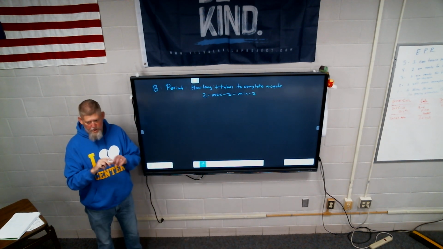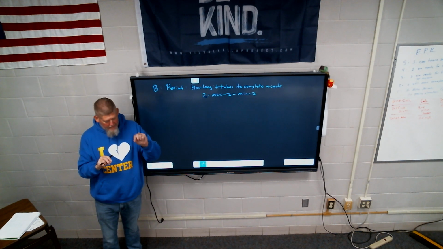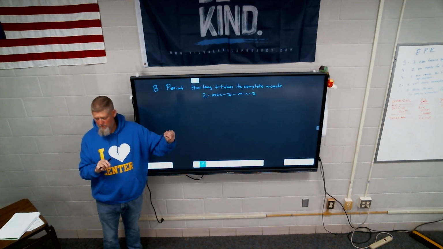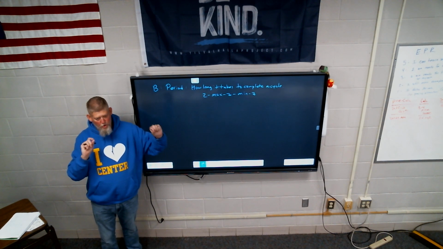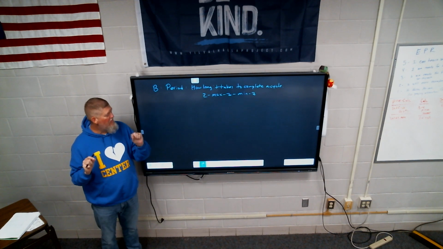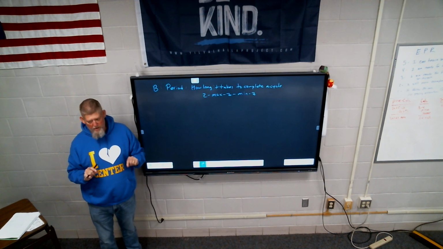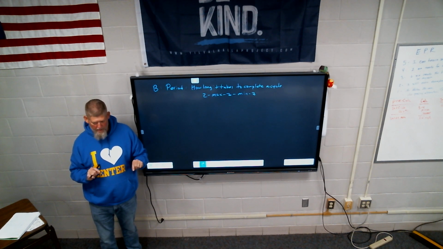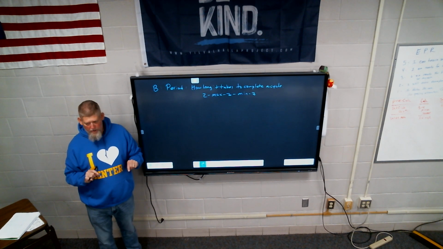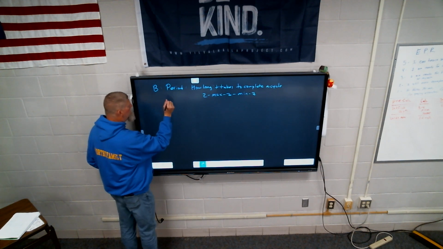To go from the starting point all the way up, back to 0, all the way down, back to 0. How long does it take to do that complete cycle? That's a period. So there's a formula for it. It's not a complicated formula.